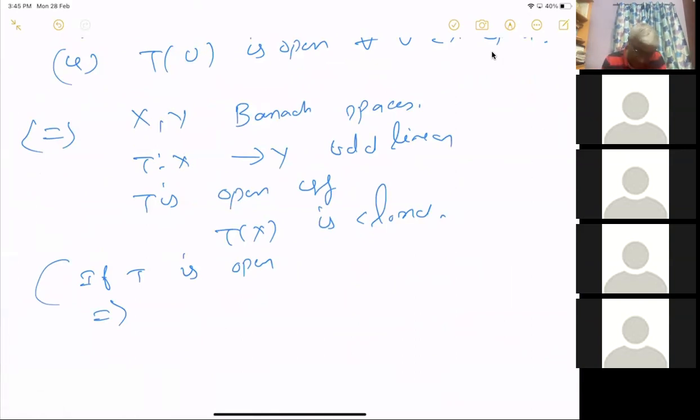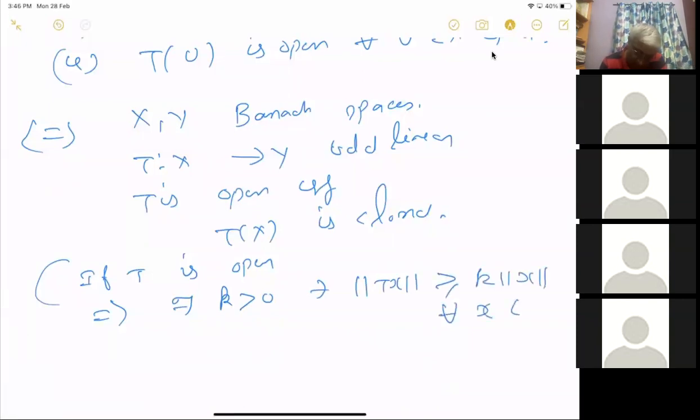A similar thing will work here for bounded below; you can imitate that proof. So this is equivalent to saying there exists a k greater than zero such that norm of Tx is greater than or equal to k times norm of x for all x in X.